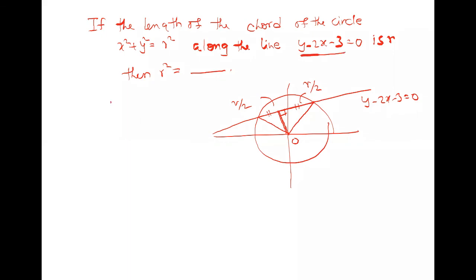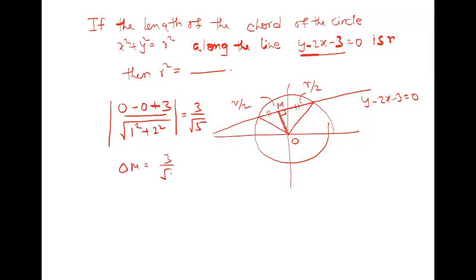How much we get? 0 minus 0 minus 3 by under root of 1 square plus 2 square. This will give you how much? 3 by root 5. This is M. So we got OM equal to 3 by root 5. This is radius R. So use the Pythagoras theorem.